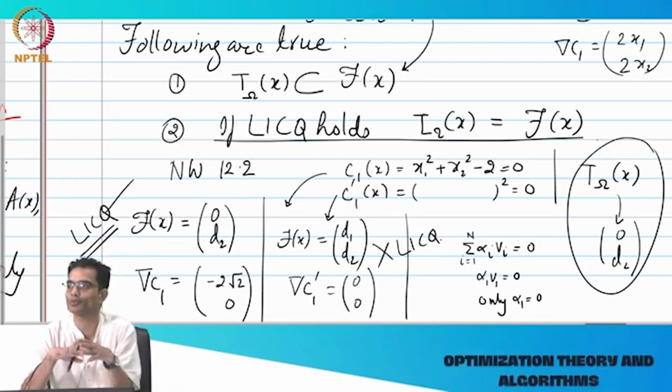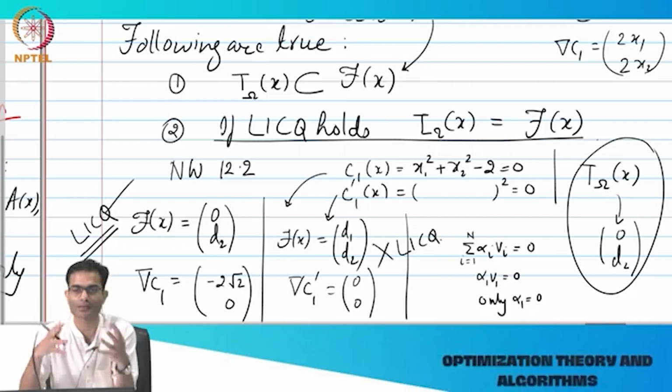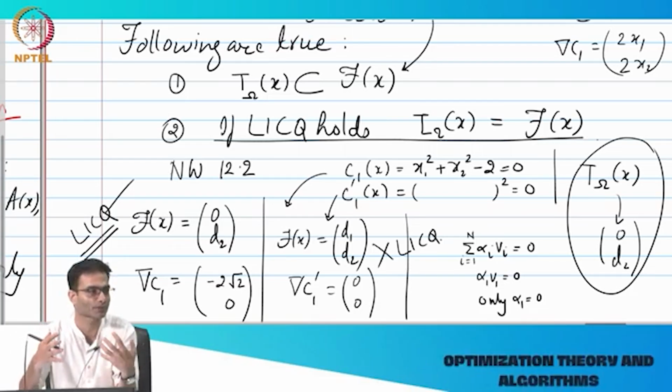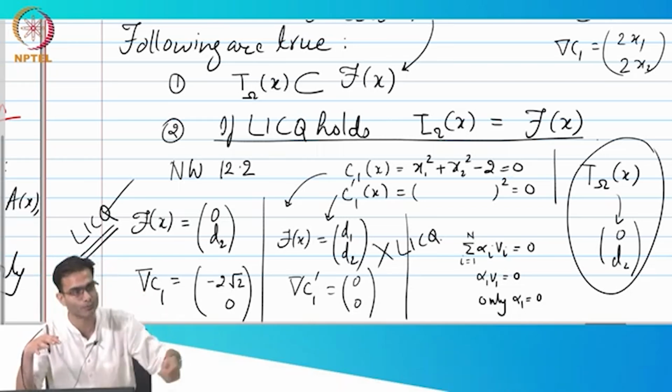If LICQ holds, what is the great advantage? You can look at all of this and say big deal. How does it help me? It helps because I don't have to start constructing tangent cones at every single point. Constructing tangent cones seems to be a lot of work, right? First get a feasible sequence, then get a limiting direction, then put all of them together.